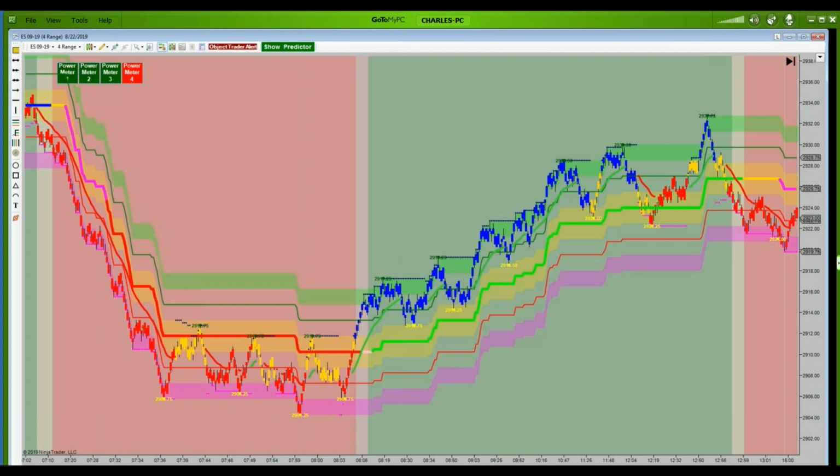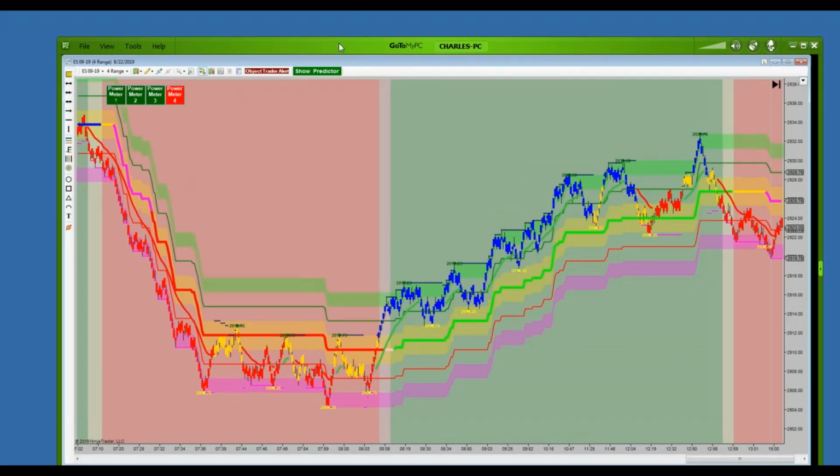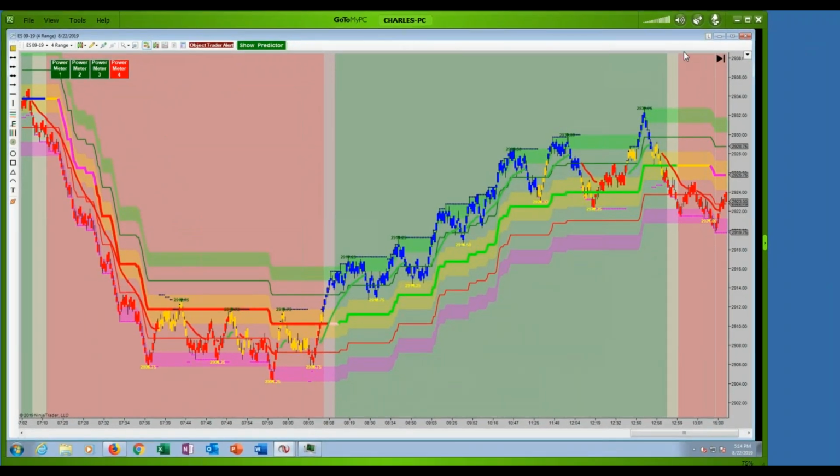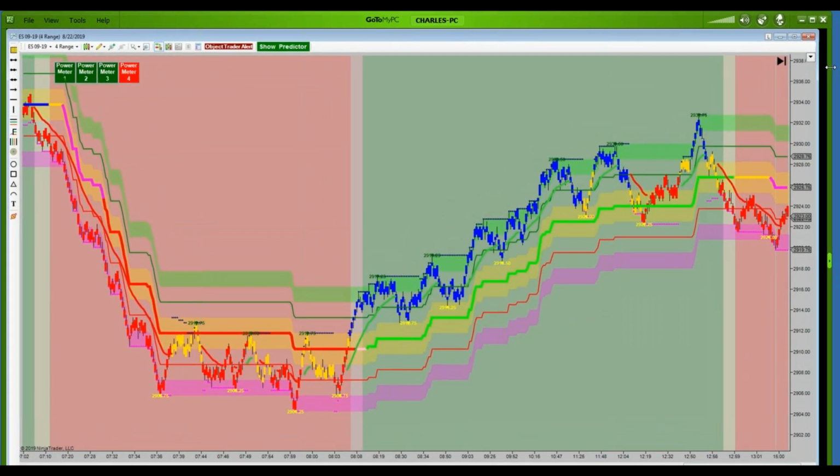And so the other 2 things that feature prominently in our trading are... Okay, arrow's moving correctly.